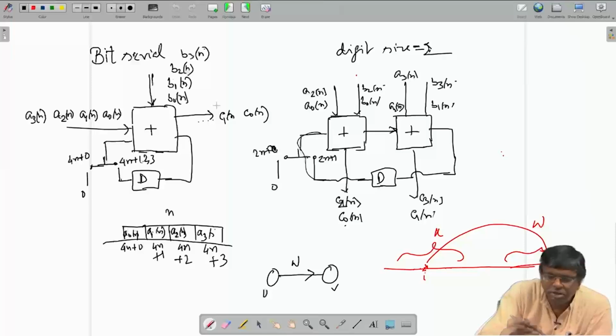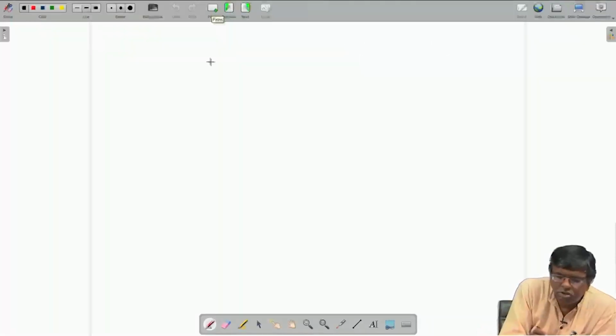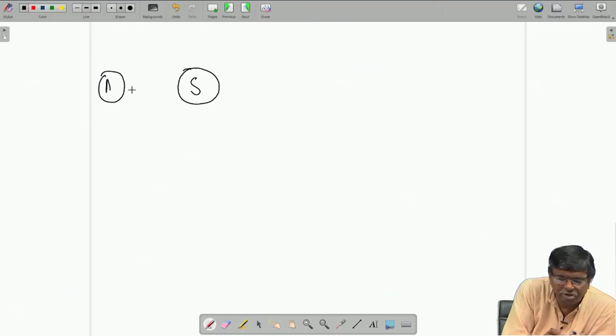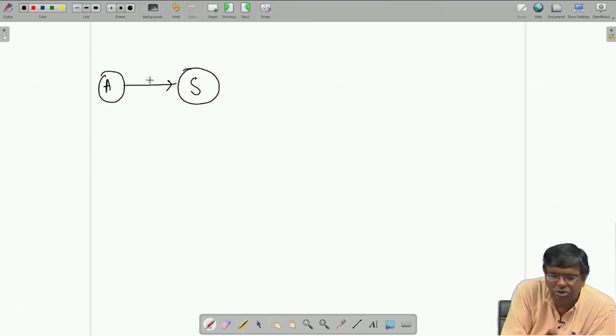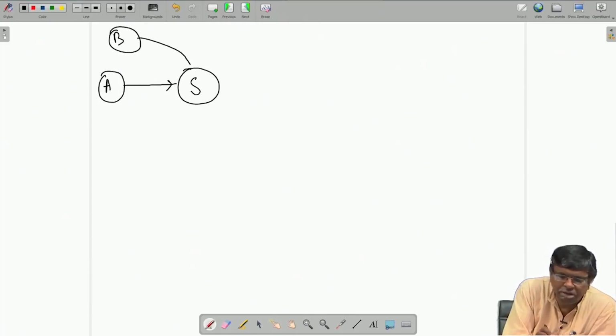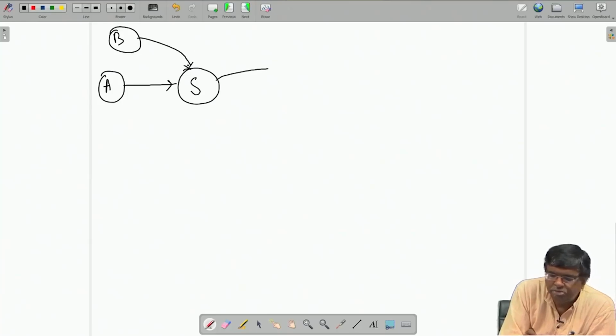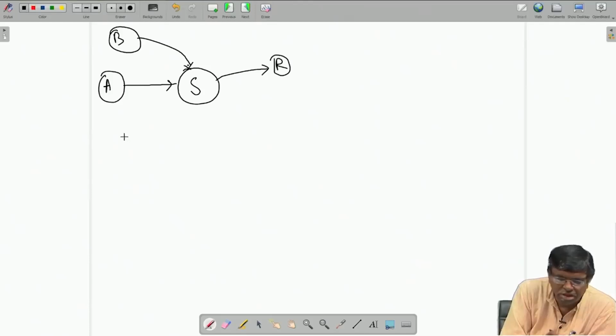Okay. So, you can then draw DFG for it. S for that adder, A for the source node of the bits A0, A1, A2, those bits. B is generating the B bits. This is producing the result in R going to the sink node. There is a Z node, but there is a switch.